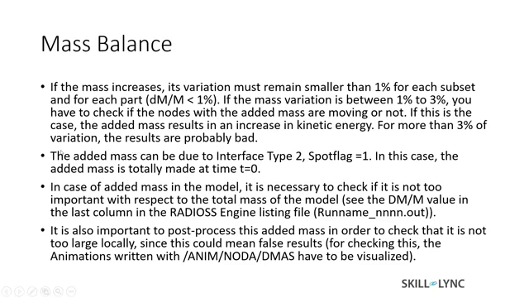Now the added masses can have many implications. If they are getting added on an element or node which is beside a spot weld, then you should also check the spot weld definition. So if the spot flag is 1, the mass is added at time equal to t0.